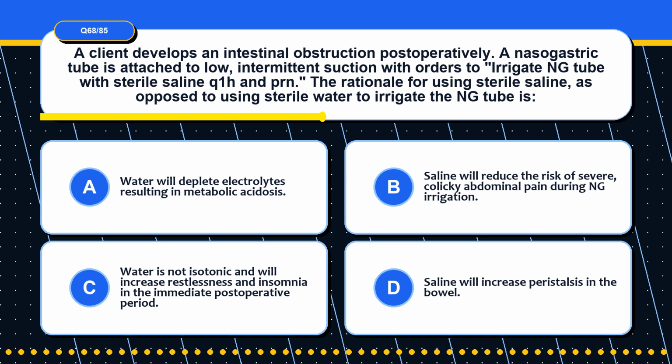Option A. Water will deplete electrolytes resulting in metabolic acidosis. Option B. Saline will reduce the risk of severe, colicky abdominal pain during NG irrigation. Option C. Water is not isotonic and will increase restlessness and insomnia in the immediate postoperative period. Option D. Saline will increase peristalsis in the bowel.